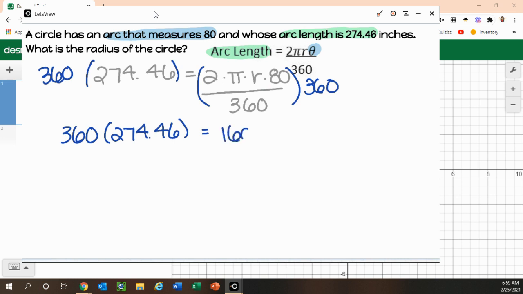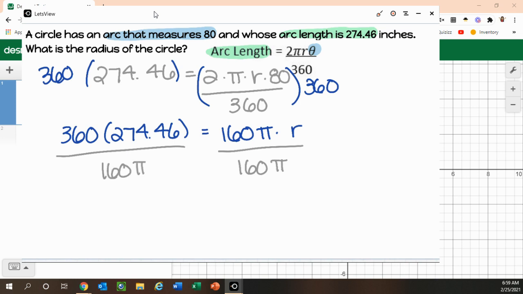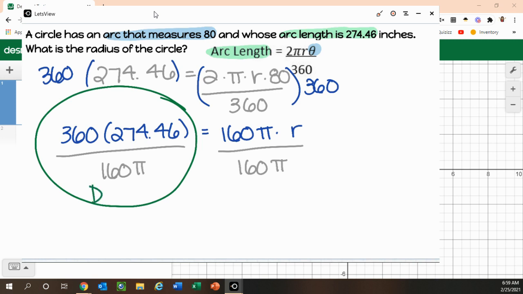That gives me 160 pi times r. Now it's time to divide by 160 pi from both sides. And this is the exact step you'll put into Desmos, and we'll figure out approximately what our radius is.